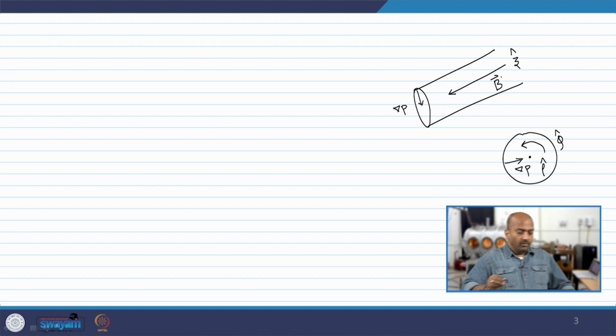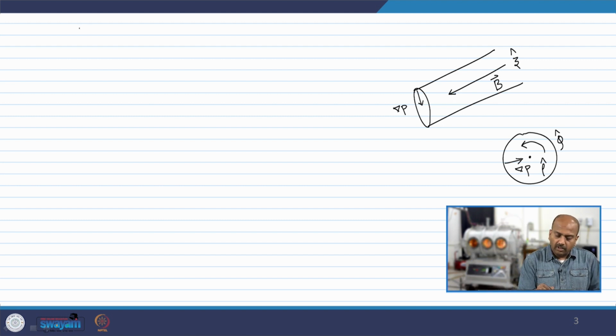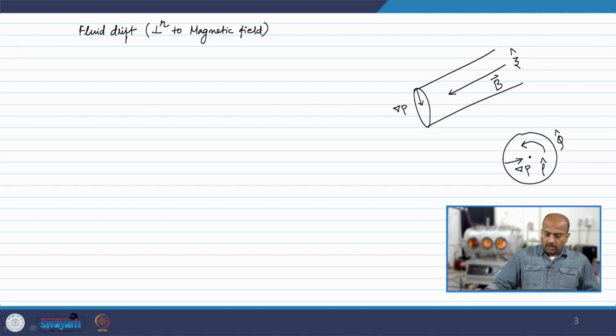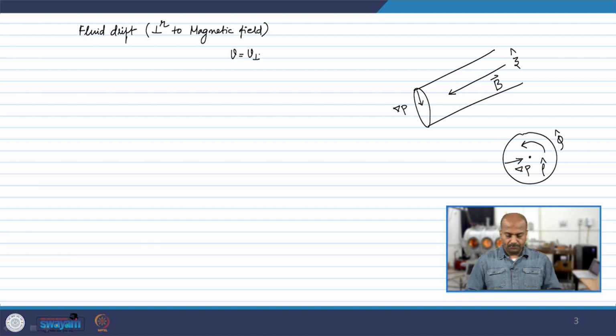That is why we refer to this as the fluid drift perpendicular to the magnetic field, right. So, we will say that the velocity v is v perpendicular.